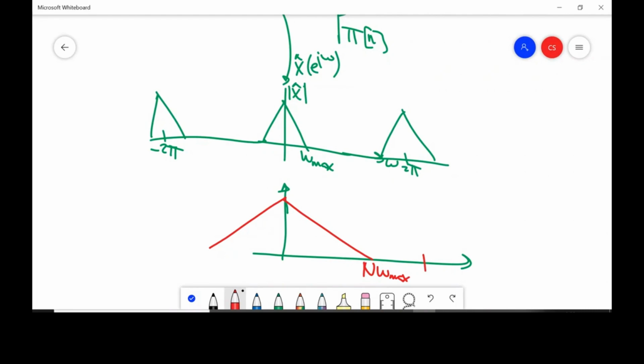And this point here was 2 pi minus omega maximum. So this is 2 pi.